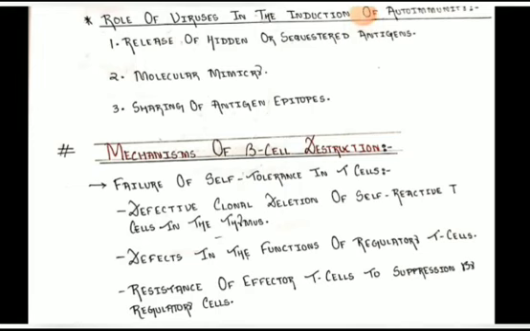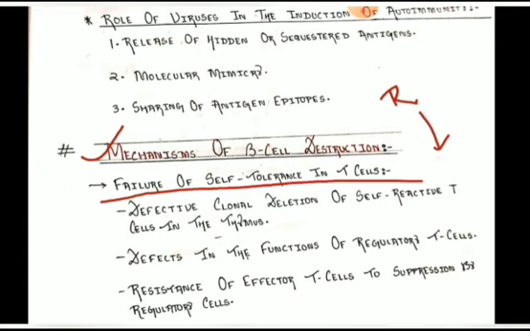Now coming to the mechanism of how the beta cells are being destroyed. First of all, there is a failure in the self-tolerance in T cells. So what is tolerance? Tolerance is a state in which an individual is incapable of developing an immune response against self-antigens.